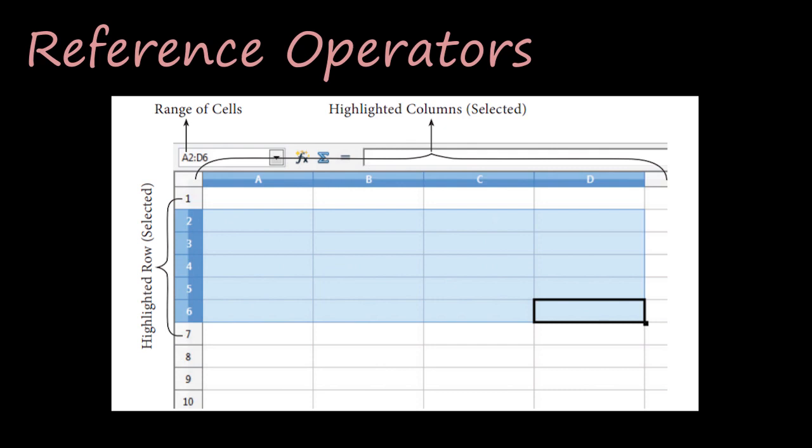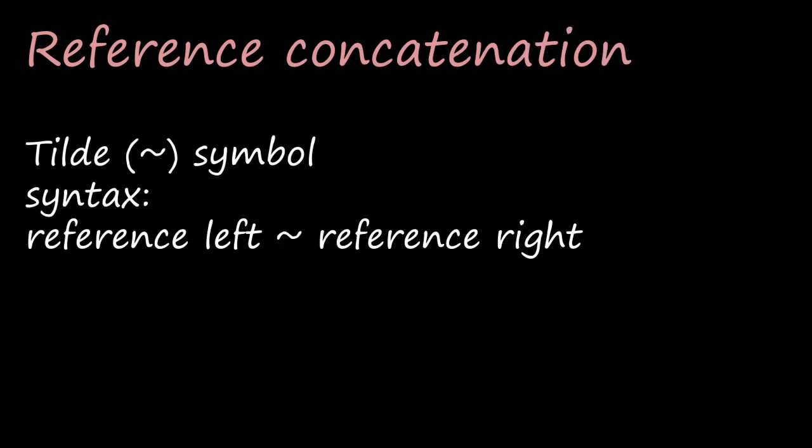The next one is reference concatenation. Do you know this word concatenation? Concatenation is nothing but joining together. The symbol or operator of this reference concatenation is the tilde symbol.